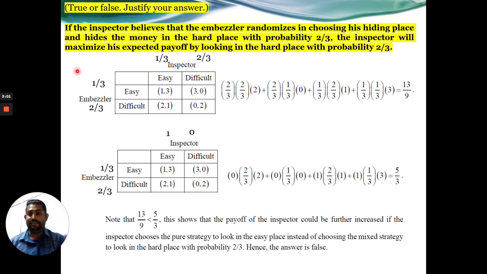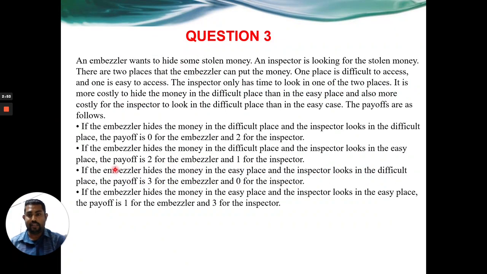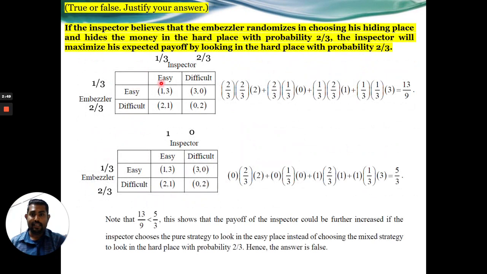So first of all, we convert the given sentences into a table like this. We have inspector and embezzler, easy and difficult, and previously they told us that the embezzler hides with probability 2/3, so definitely here will be 1/3, because it is p and 1 minus p.